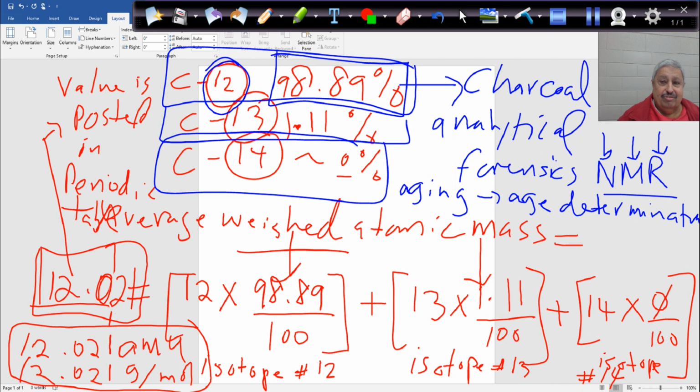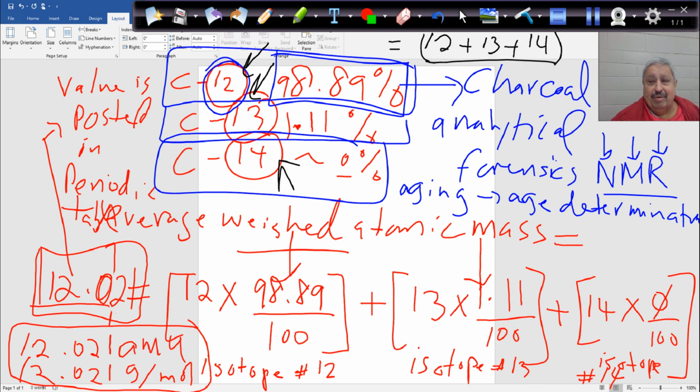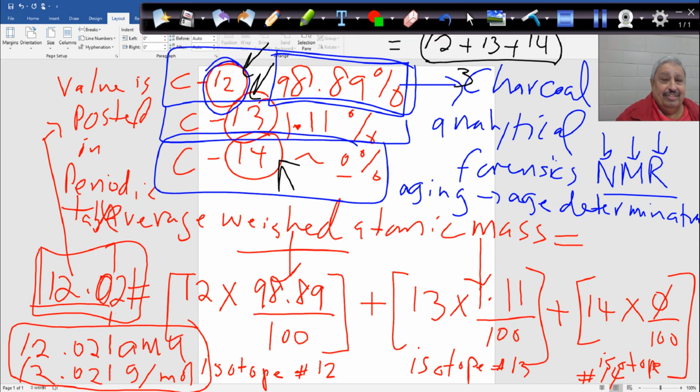What most students do is take 12, 13, 14: 12 plus 13 plus 14 divided by 3 isotopes. That's the normal real average, but that's not recorded inside the periodic table. You have to be fair with the abundance.